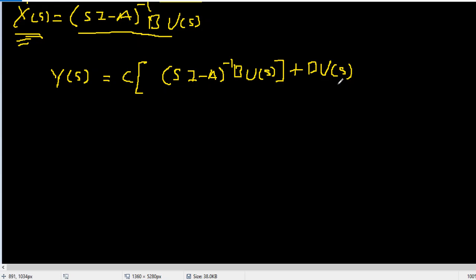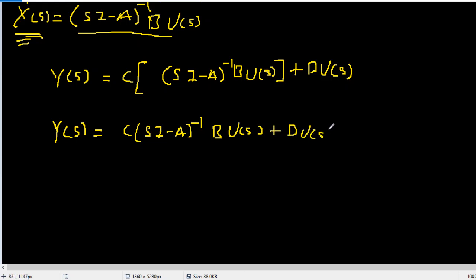From this equation we can get the transfer function. Now we have to conclude this equation. When we do further simplification, it becomes C (sI minus A) inverse B U(s), and D U(s).